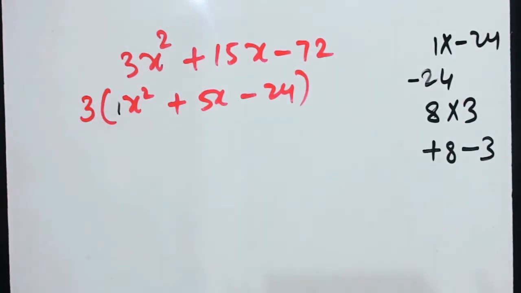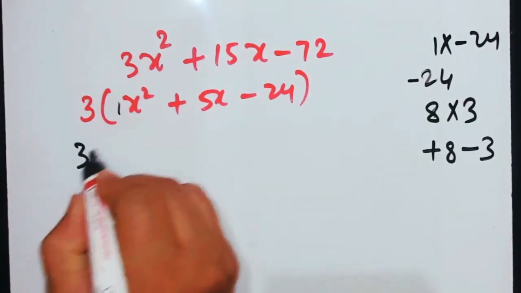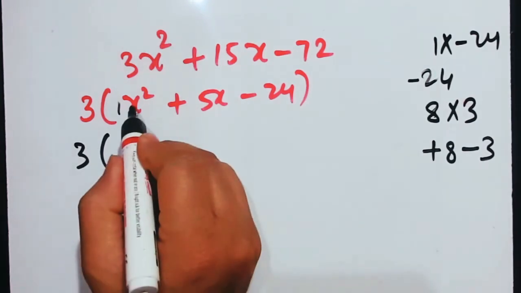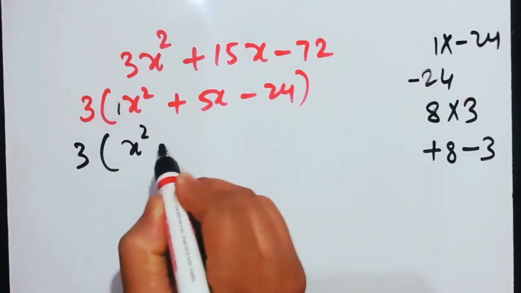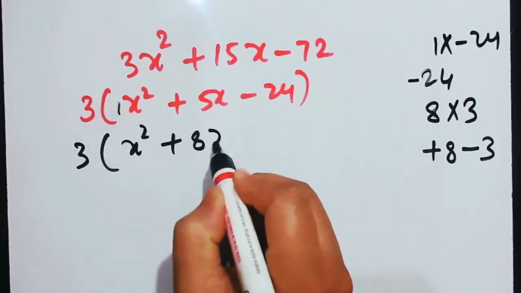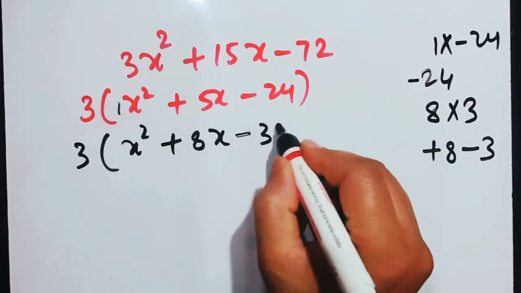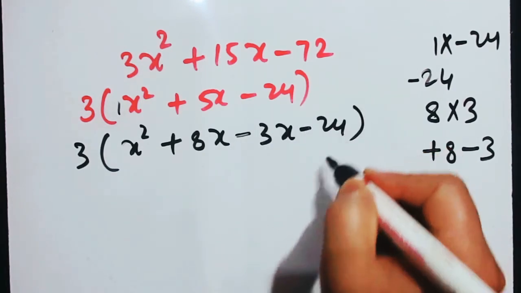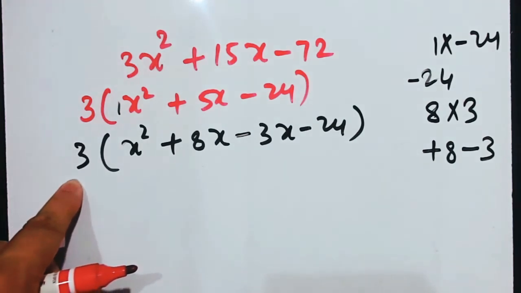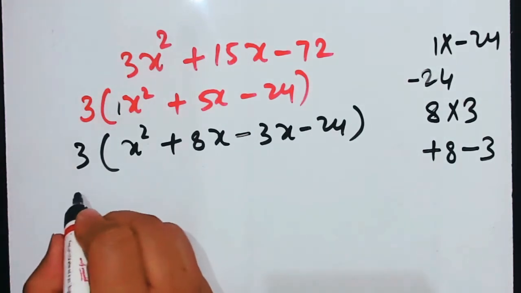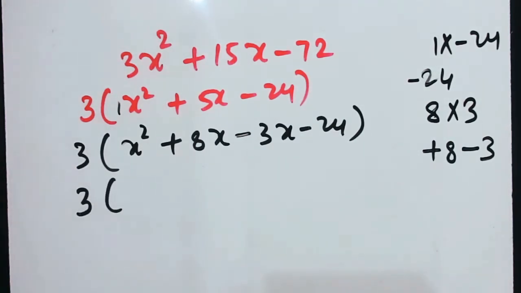Okay. So here we go: 3 x square plus 8x minus 3x minus 24. This 3 we will keep on dragging, because 3 is already in multiple form.